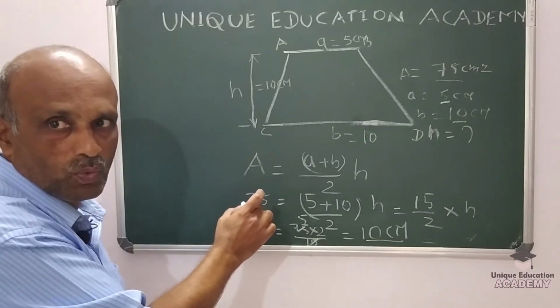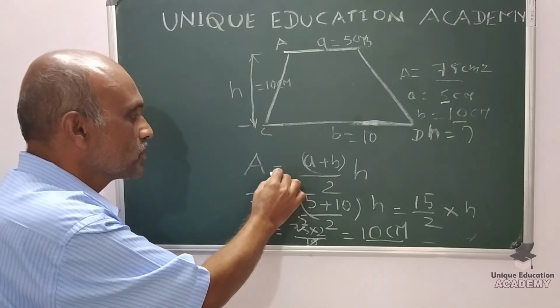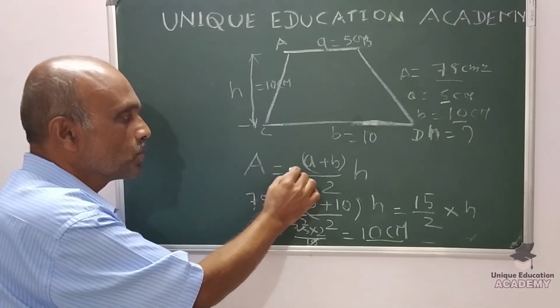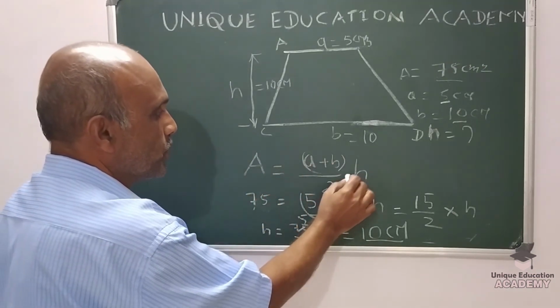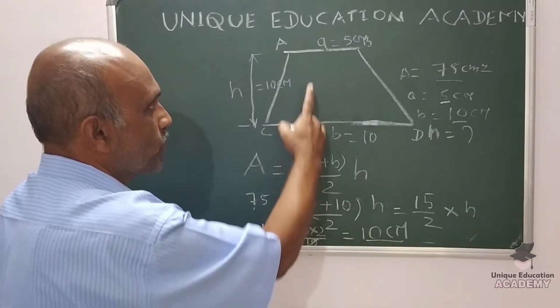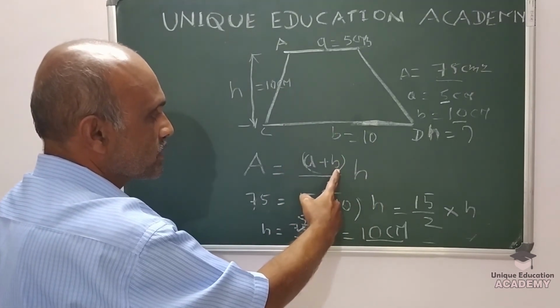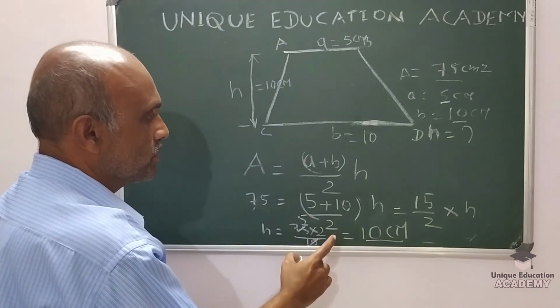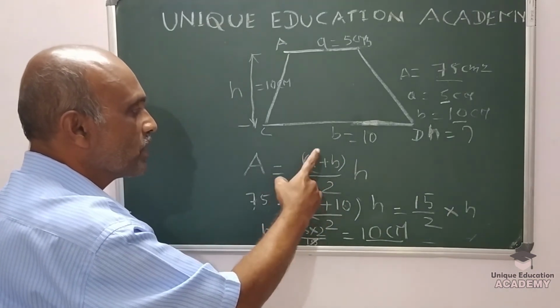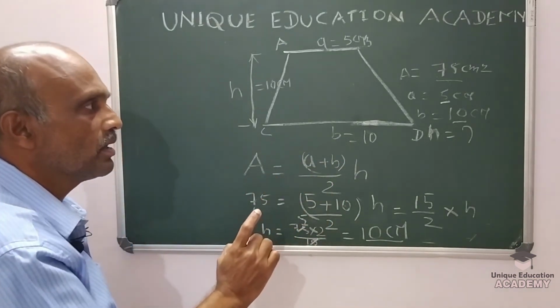Whenever you want to find the area of the trapezium, this is the formula: capital A is equal to a plus b divided by 2 into h. a is one parallel side, b is another parallel side and h is the height. So substituting the values of a, b and h, you can find the area.